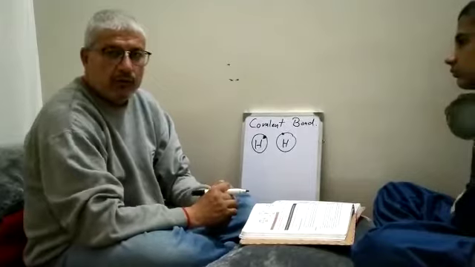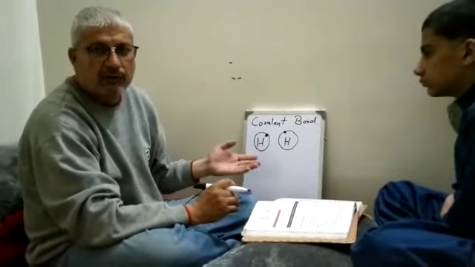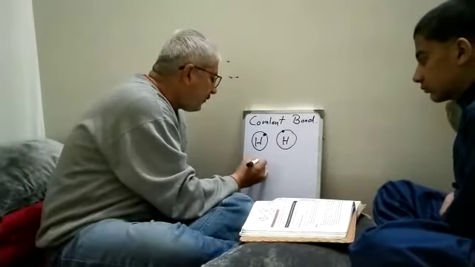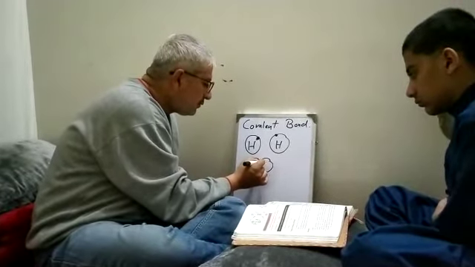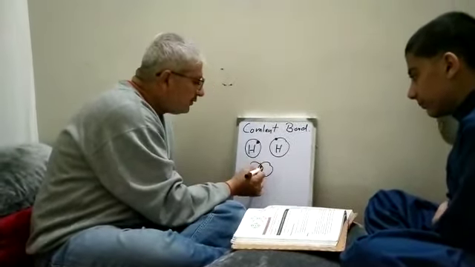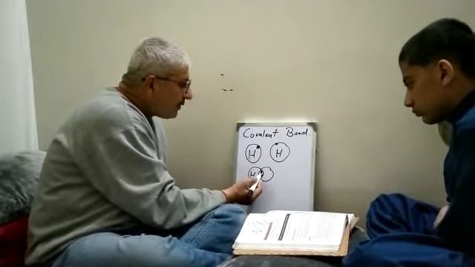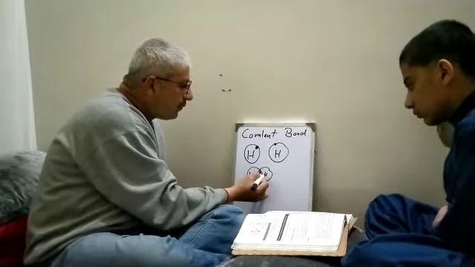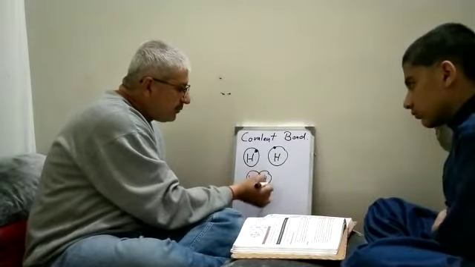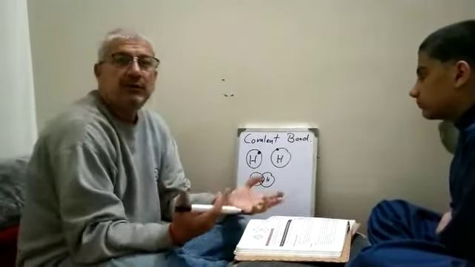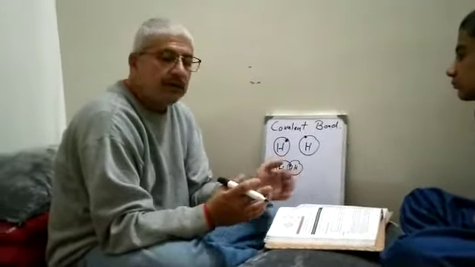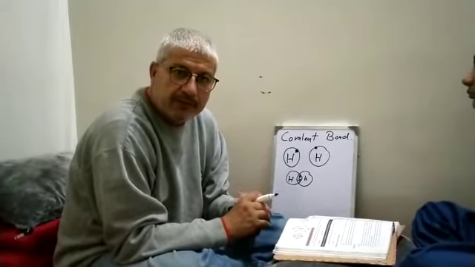So they will combine the two electrons, and it will form like this. Now these two electrons will revolve around the nuclei of both the hydrogen atoms at the very same time, hence completing the outer shell of both hydrogen atoms.